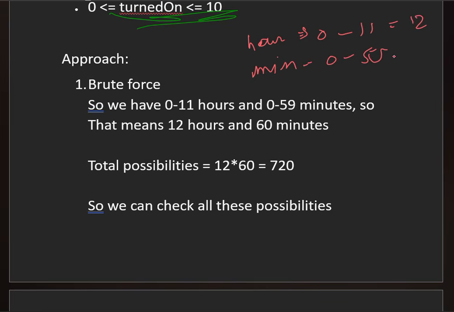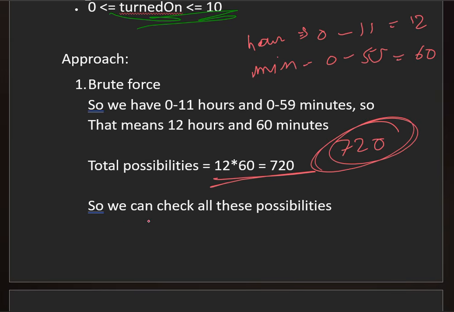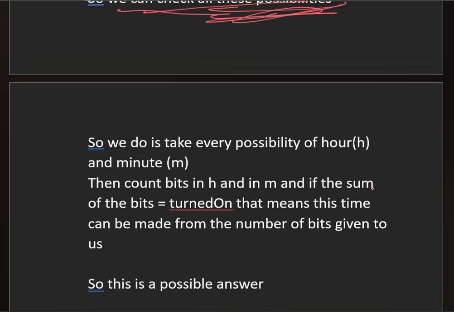So here 12 possibilities, here 60 possibilities. So the total is 12 into 60, that is 720 possibilities. Can we check all these possibilities? Yes, 720 is a very small number, so we can try out all these possibilities.